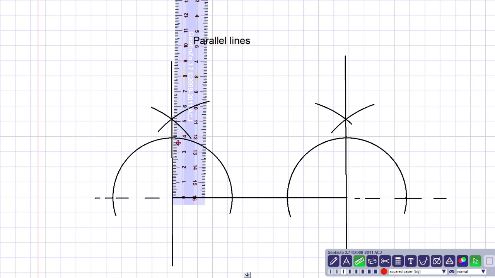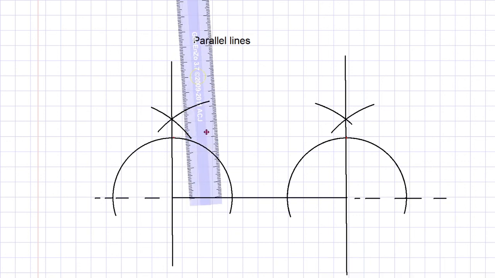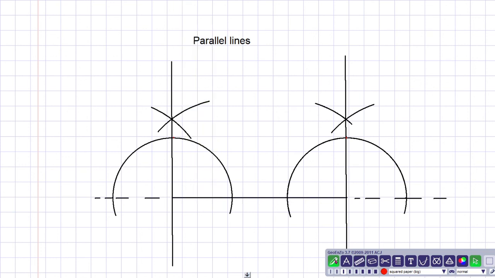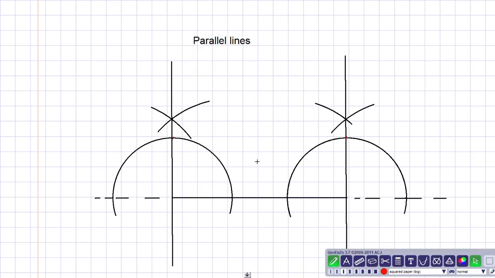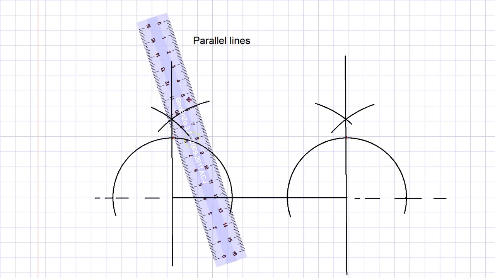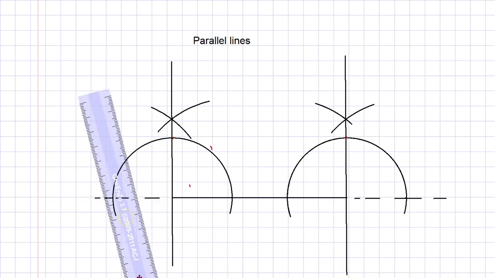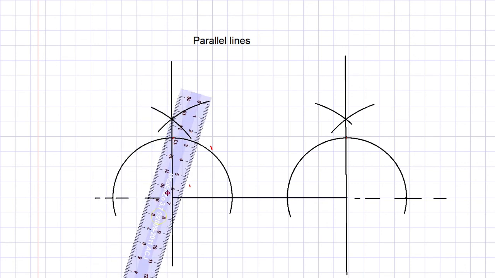Here 4 centimeters. Now keep the ruler on the other side. You can mark another 4 centimeter from this side also.